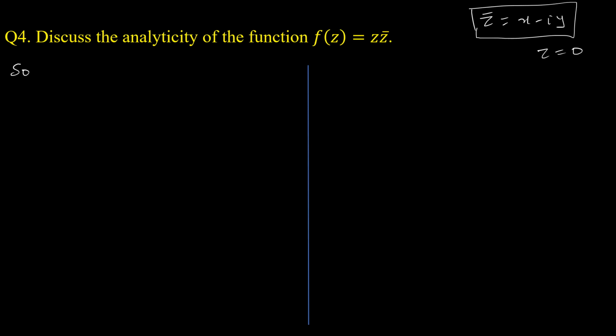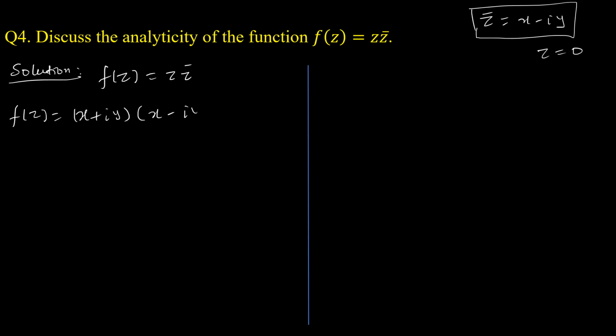So in the solution, what we have given here, f(z) is z bar. So that can be written as f(z) equals x plus iy times x minus iy. Once you multiply it, it will be x square plus y square.